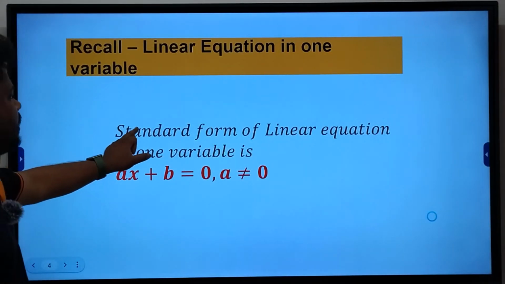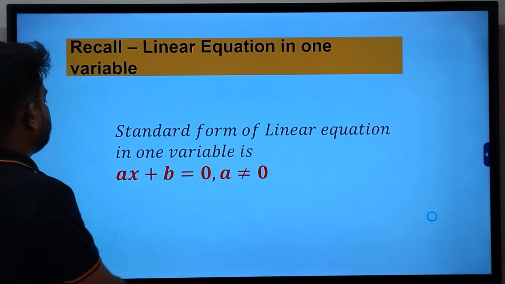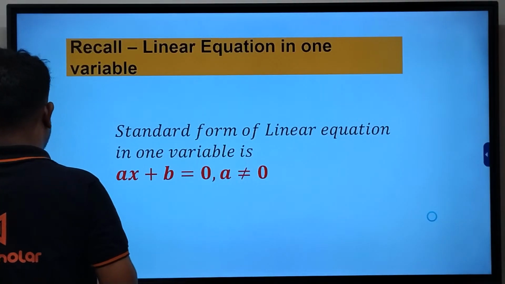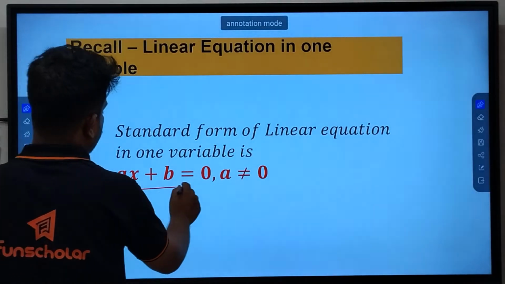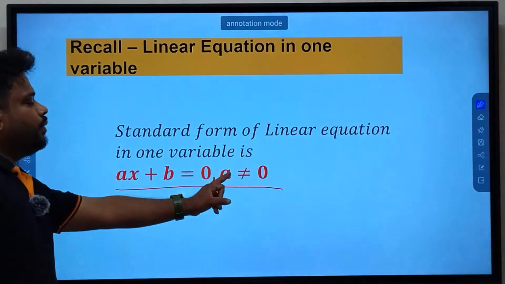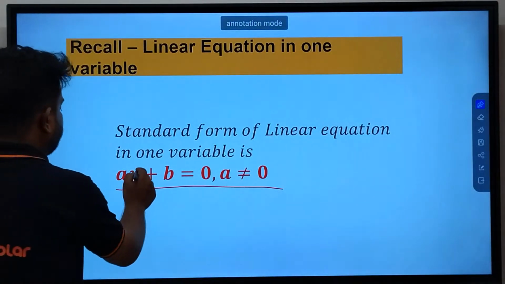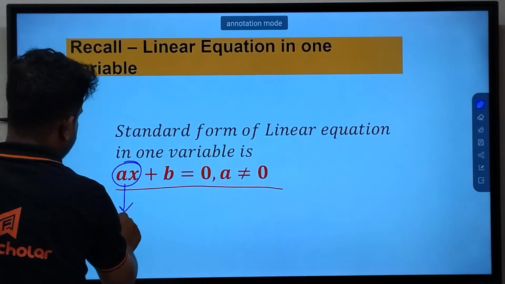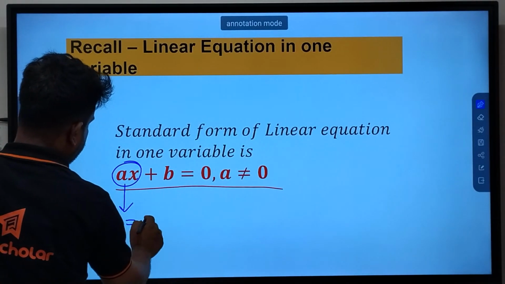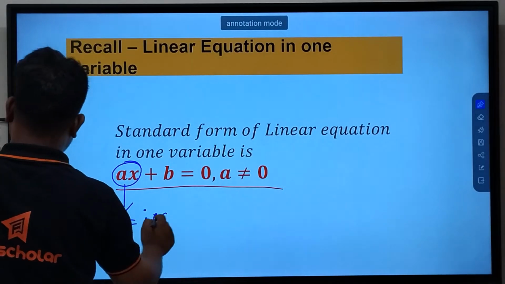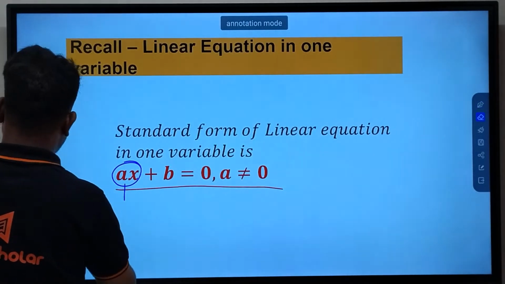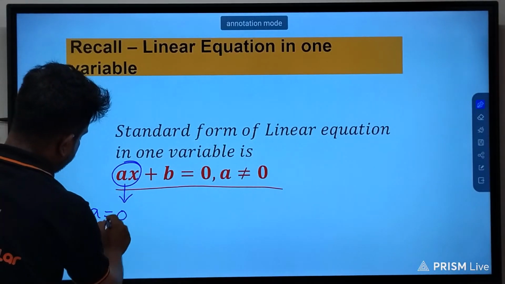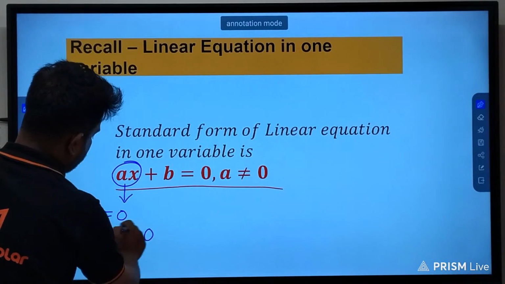The standard form of a linear equation in one variable looks like this, which I have already told you in the previous slides. It will look like this, and a will not become 0. If a becomes 0, then ax equals 0 also.